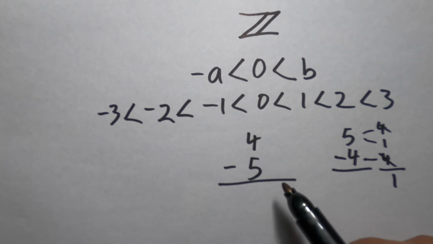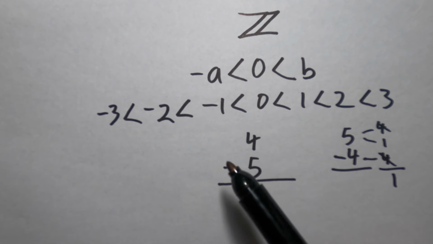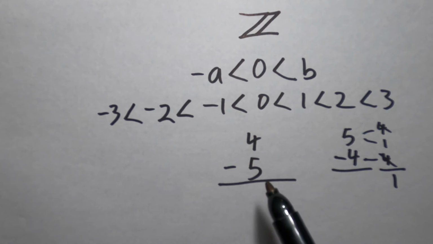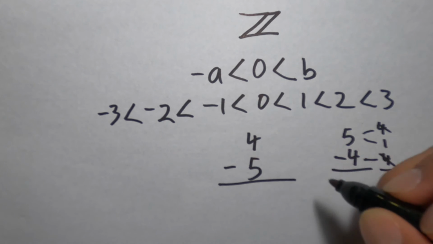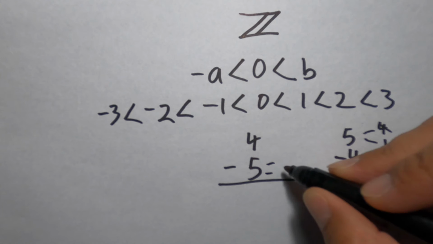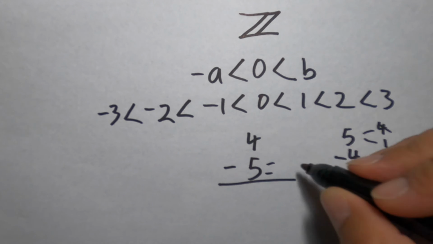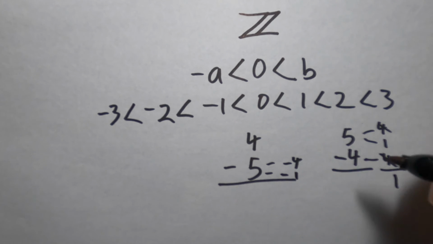But in this situation, we can't subtract 5 from 4 unless we use all integers. Now, if we do the same thing, we can decompose, but these are negative, remember? So let's just say this is a minus sign, so we have -4, and then we have a -1.